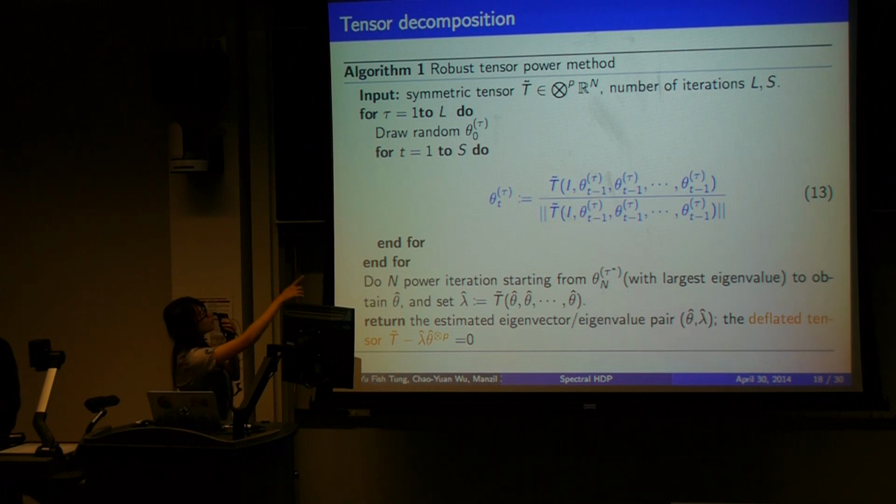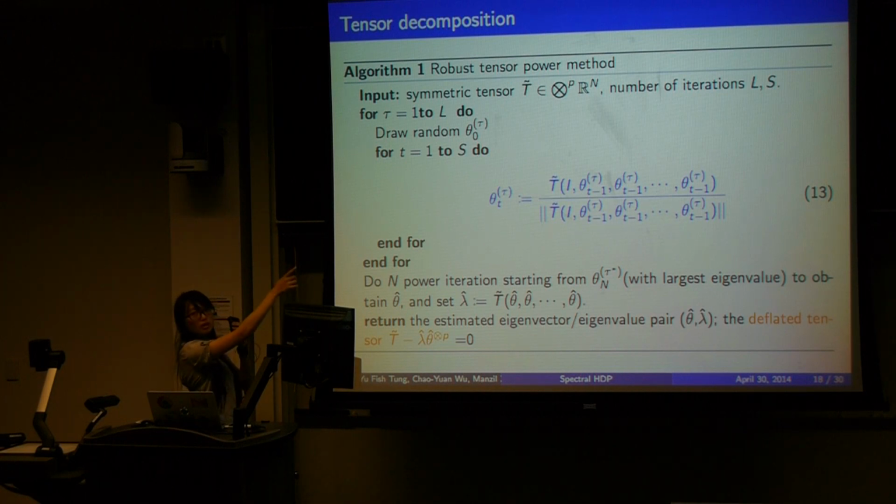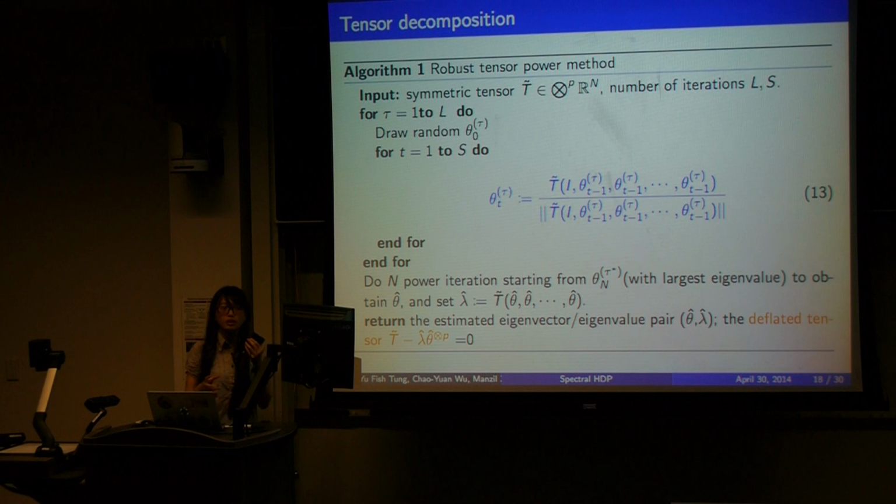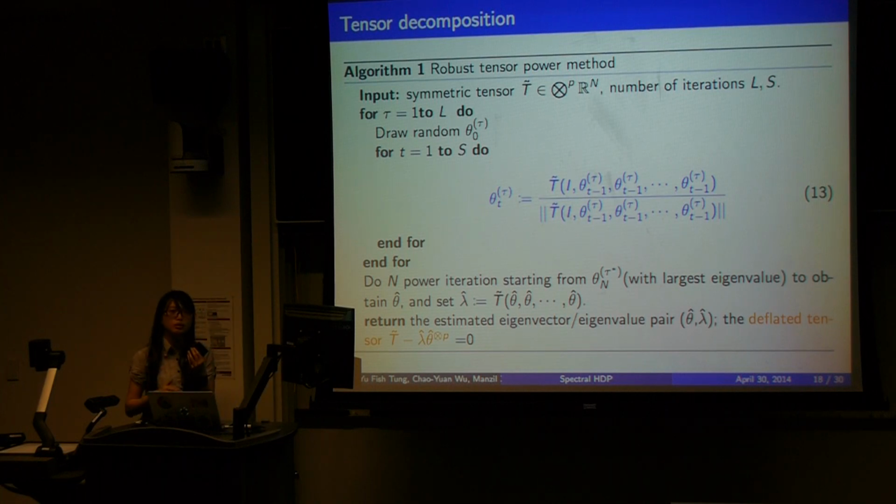Actually, the time is decided by the iterations we set for L and S here. Yes, because to calculate this, we only need to calculate the inner product of 2 vectors, because we can reduce the dimension by some kernel trick.